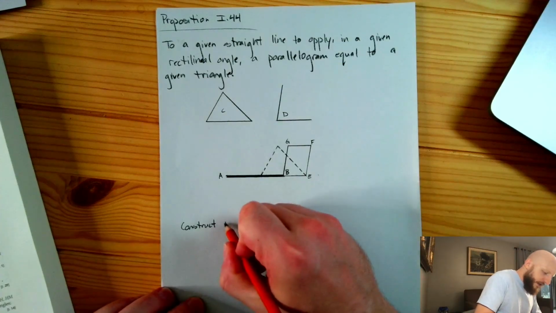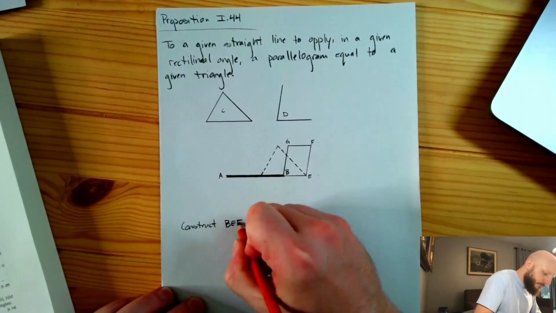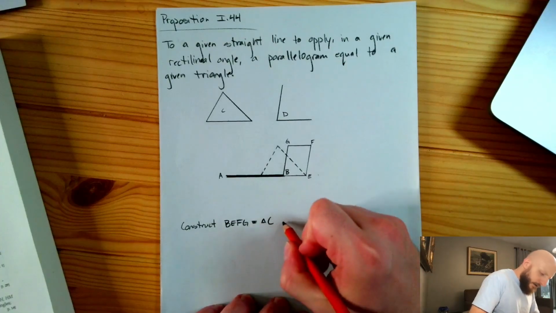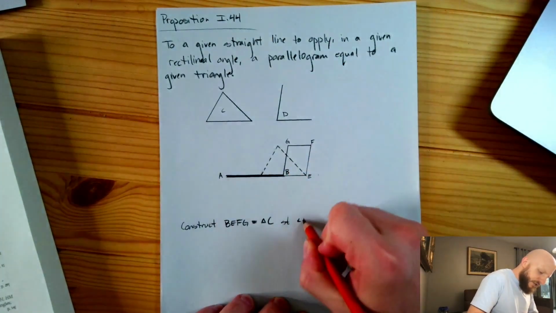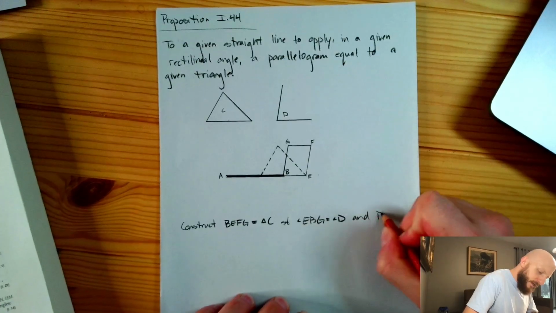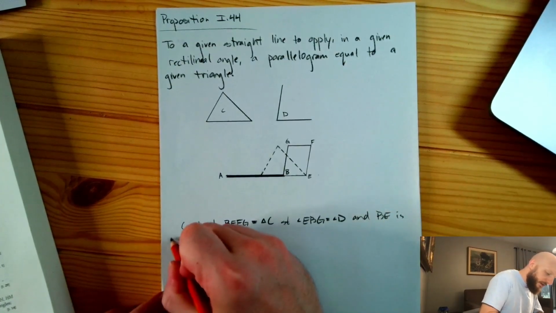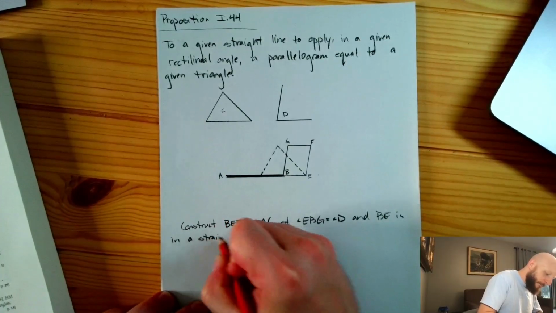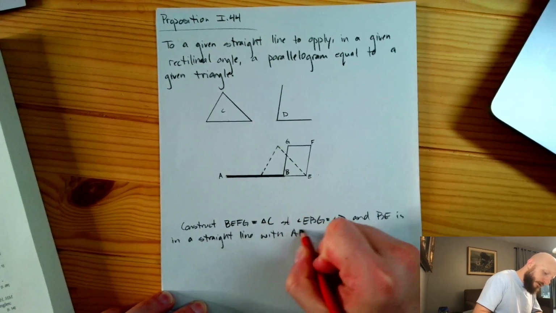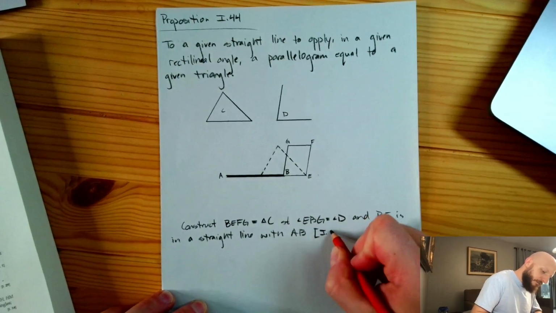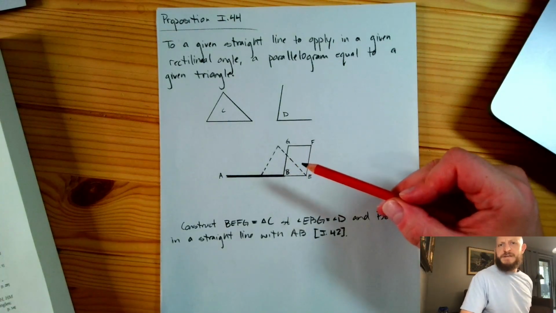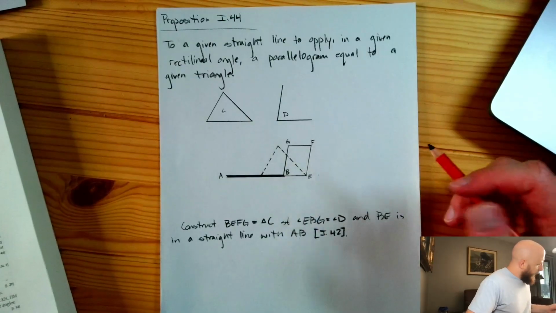So construct BEFG equal to triangle C, such that angle EBG equals angle D, and BE is in a straight line with AB, and all of that was from prop 42. Boom. Okay, so there's BEFG. We made it.